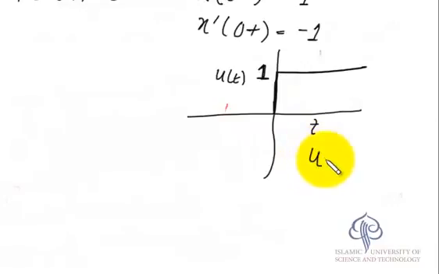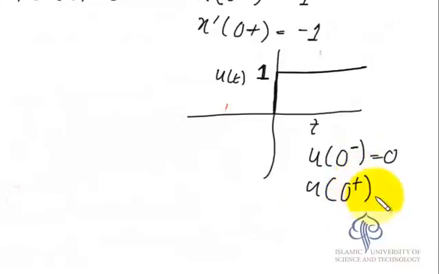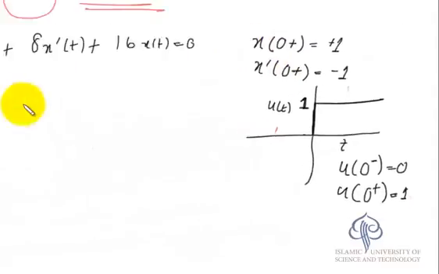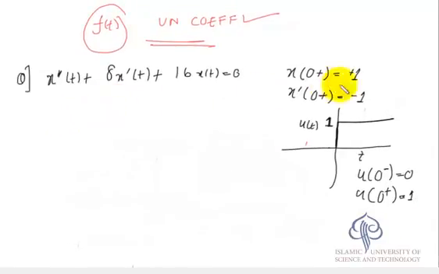You know that at 0 minus, just before 0, it is 0, and you know that at 0 plus it is 1. So we need to differentiate between the value of the function at 0 minus and at 0 plus. That's why you have initial conditions at 0 plus. This is a very rough way of saying it, but I think this should be sufficient for us. 0 plus means just after 0 and 0 minus means just before 0.